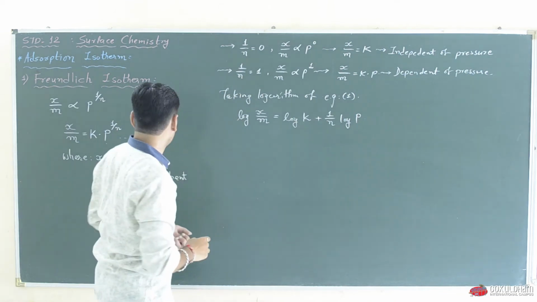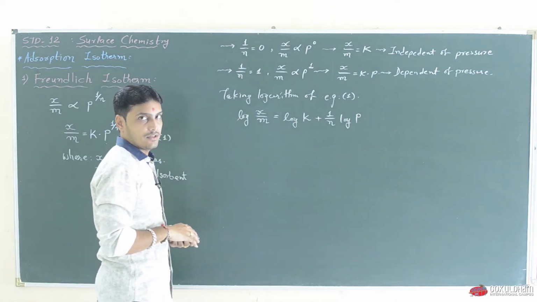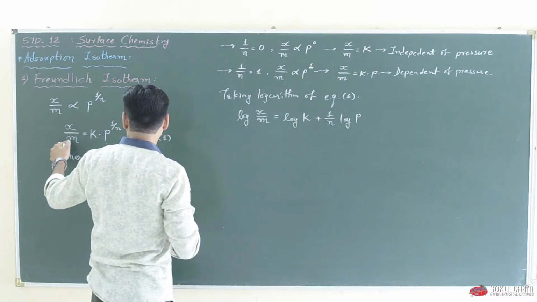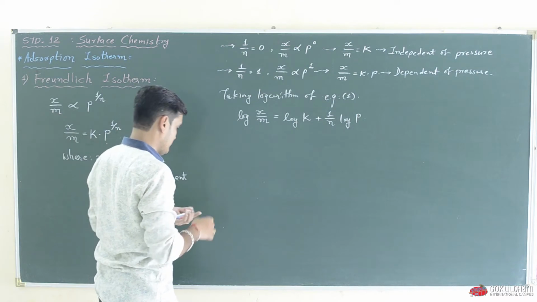Okay, now you have to plot two different graphs. The first graph is x by m versus p.